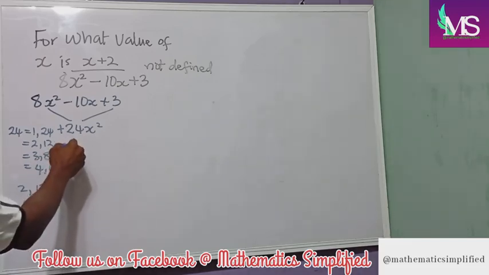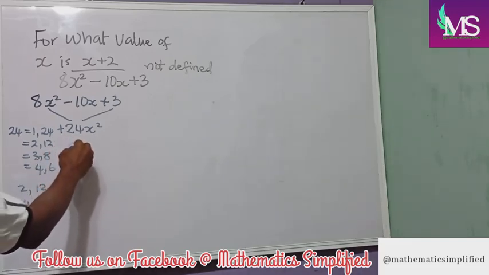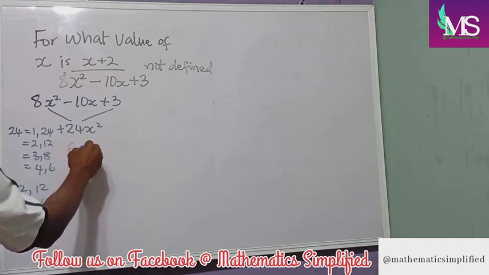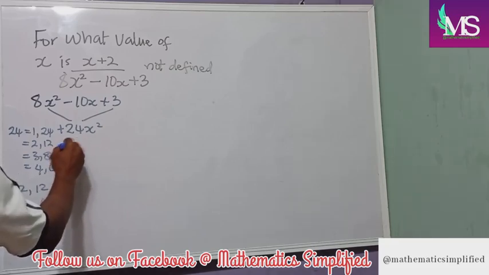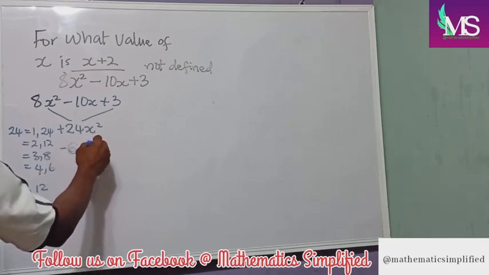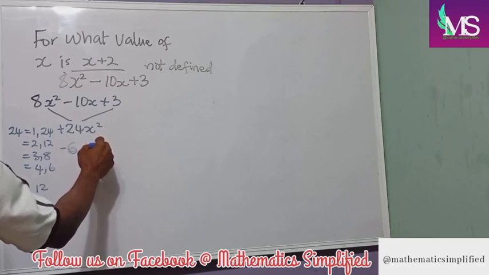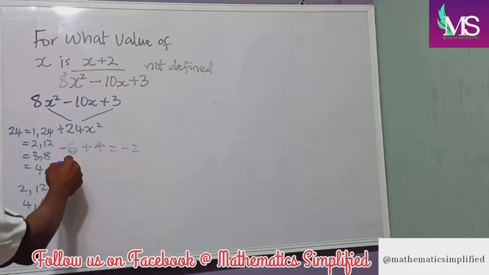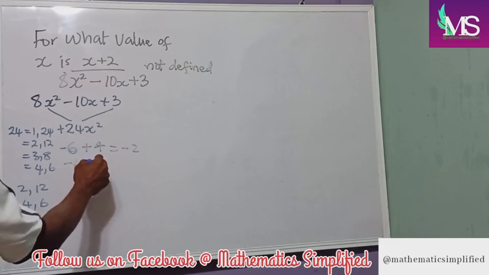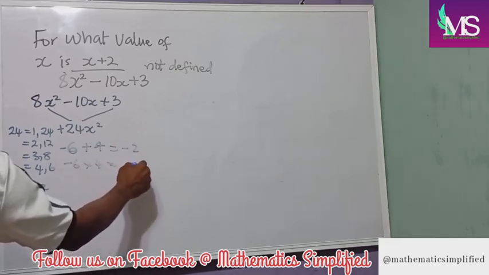Looking at our second factors, 6 and 4, let's start with minus 6 plus 4. That will give us a minus 2, wrong. So minus 6 times 4 will give us a minus 24.